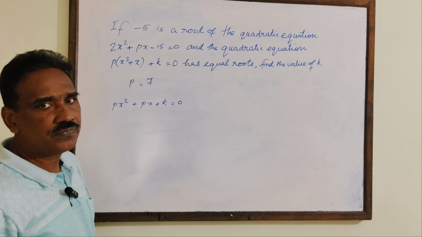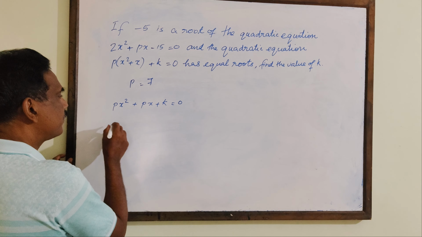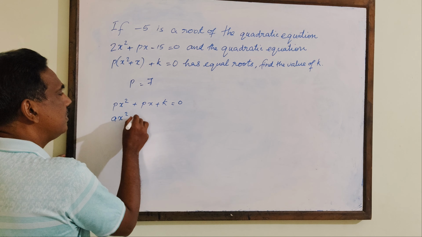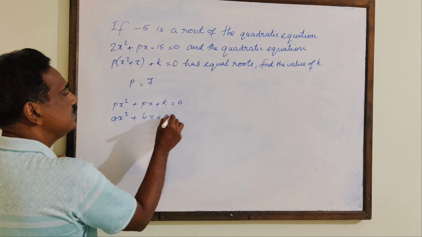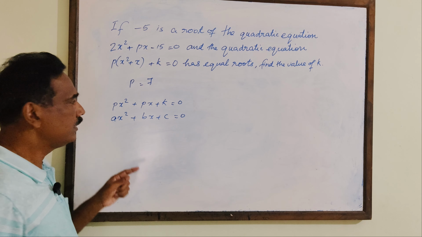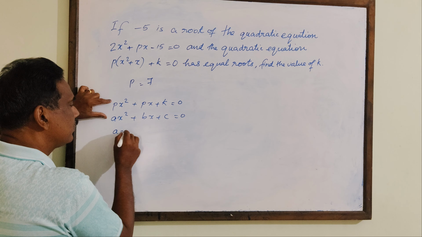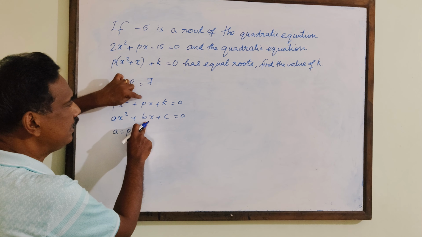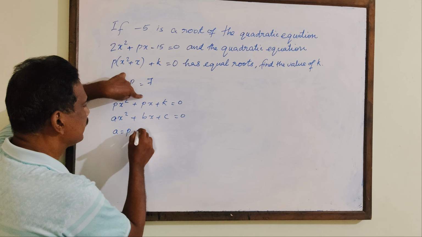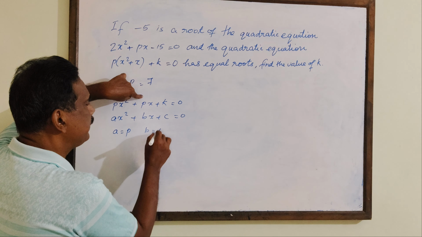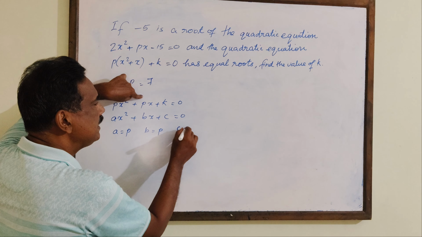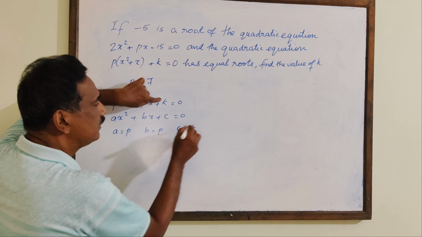Now this is in the form of quadratic equation. What is the general formula of quadratic equation? Ax square plus bx plus c equal to 0. Hence, instead of a, you can see it is p, so a is equal to p. Instead of b, it is again p, so b is equal to p. What is c? C is equal to k.